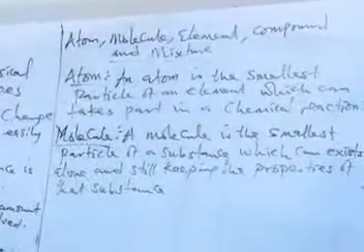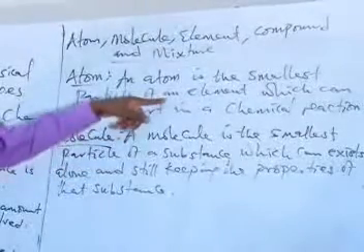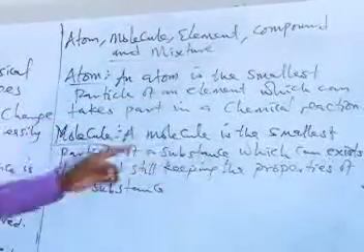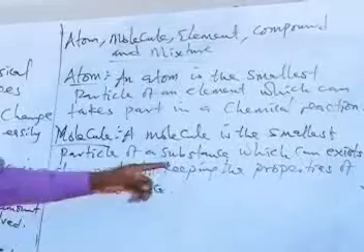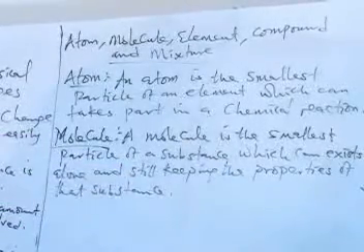That is a molecule by definition: the smallest particle of a substance, not an element this time around, which can exist on its own and still keep the properties of that substance.